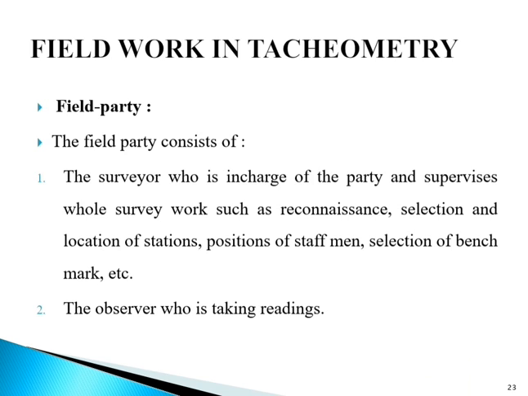Next is the field party. The field party consists of, number one, the surveyor who is in charge of the party and supervises the whole survey work such as reconnaissance, selection and location of stations, positions of staffmen, selection of benchmark, etc. Second, the observer who is taking the readings.